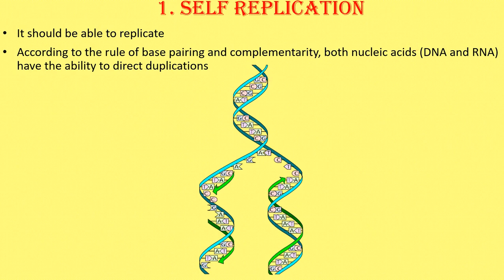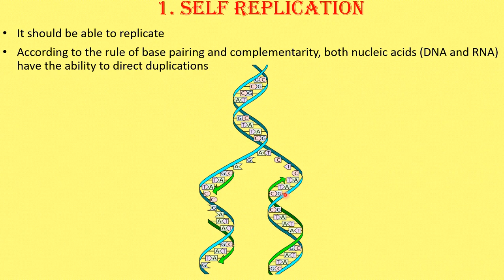Both the nucleic acids DNA and RNA have the ability to direct duplication, that is nothing but replication. They can replicate their own strand, but it is complementary to the original strand. What does complementary mean? Here if thymine is present, what does the new strand contain? Adenine, right?